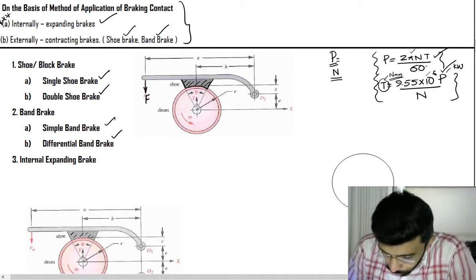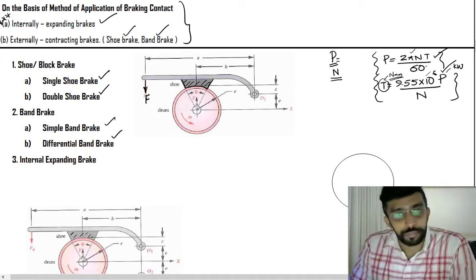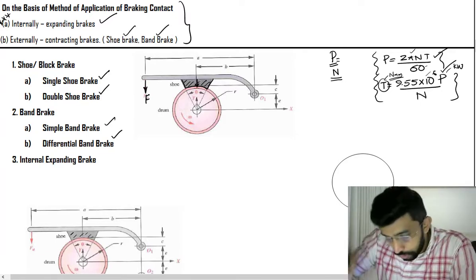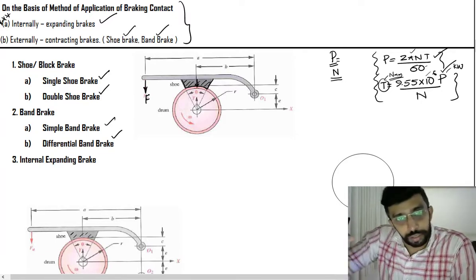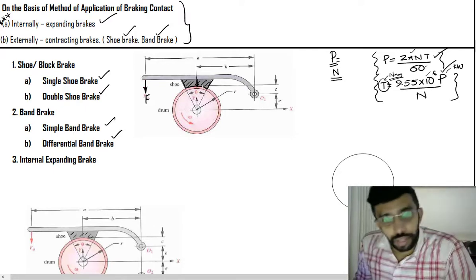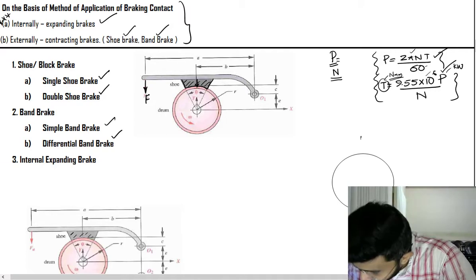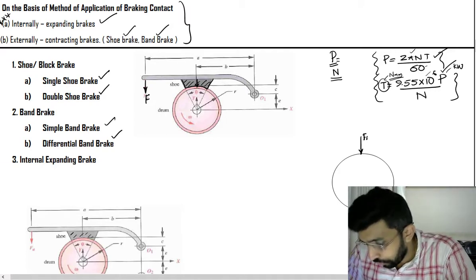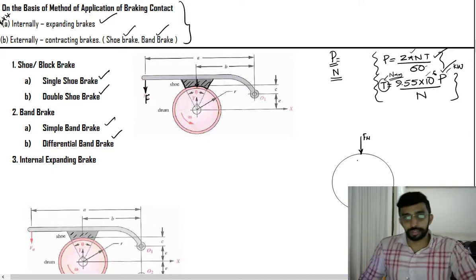So what happens when you apply a force here? One force generates. That force is pushing this brake shoe downwards on the brake drum. This is the one force Fn, the normal force acting on the brake drum.